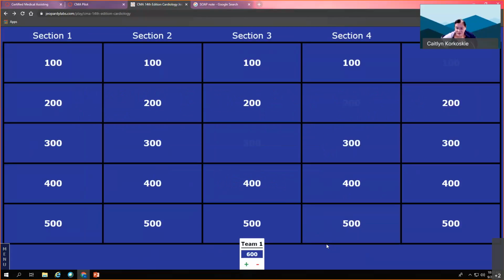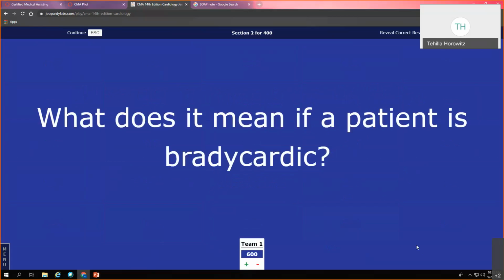Okay. Section 2 for 400. So what does it mean if a patient is bradycardic or has bradycardia? It has something to do with the heart. Hold on, let me remember.